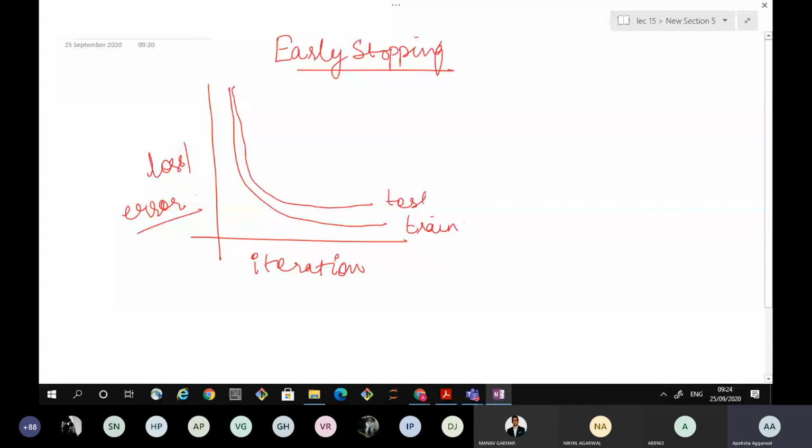Now what happens in some cases is that after a particular iteration, instead of going this way, my model starts moving this way for test data. So we try to retrain it for training, and then we try to retrain it for testing, we try to do so many things.